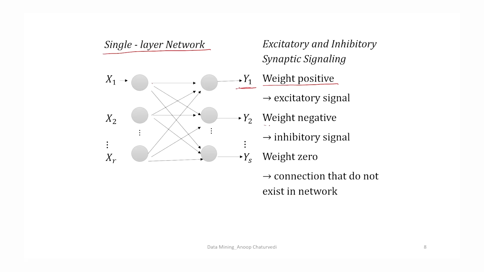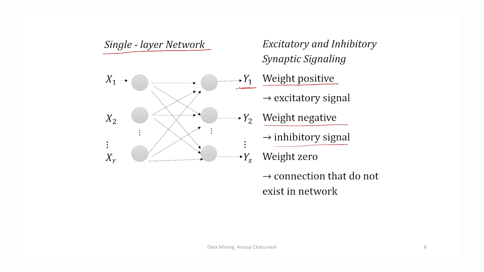If weight is negative, then we say that the signal is inhibitory. If the connection weight between x1 and y1 is negative, then obviously increasing the value of x1 decreases the value of y1.